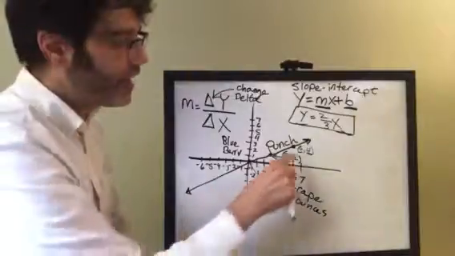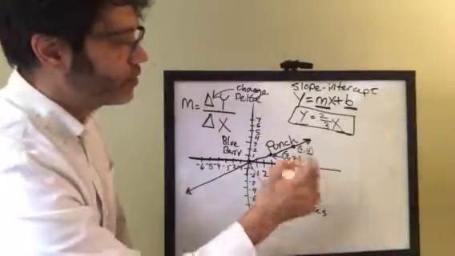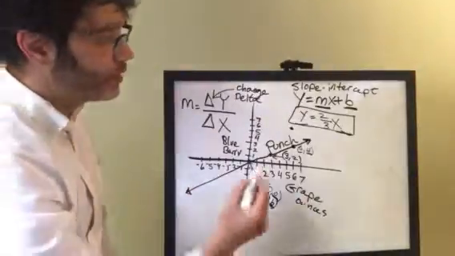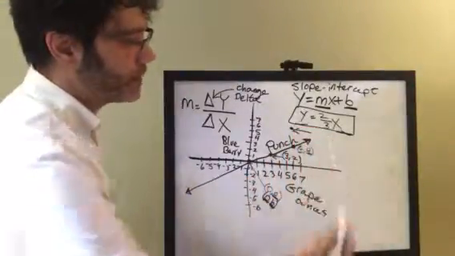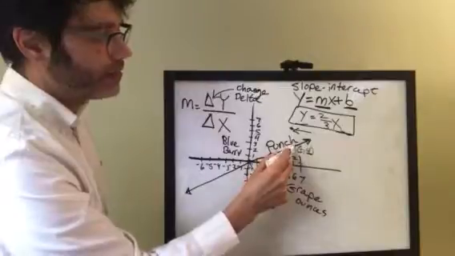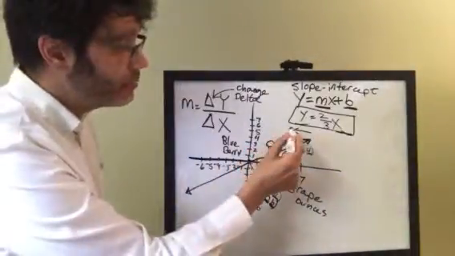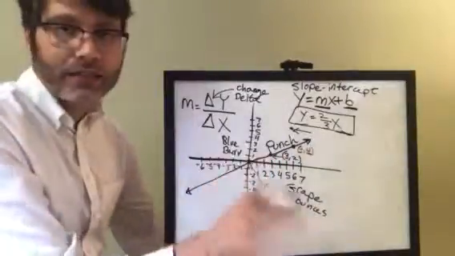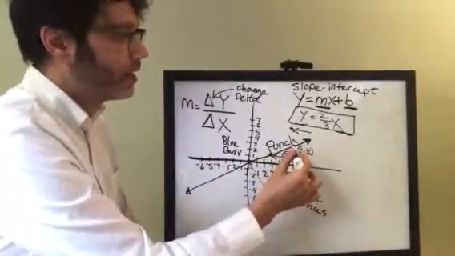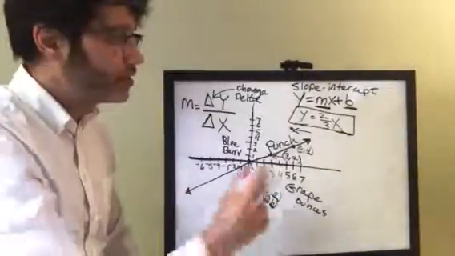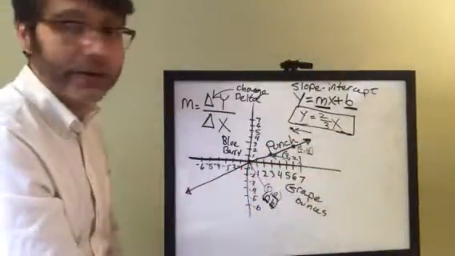If I had 6 ounces of grape juice but 7 ounces of blueberry juice, do you see that that point would be up here and would not be on the line? It's a point, but it's not a point on the line, and therefore it would not make balanced punch, because you would have too much blueberry juice in it.